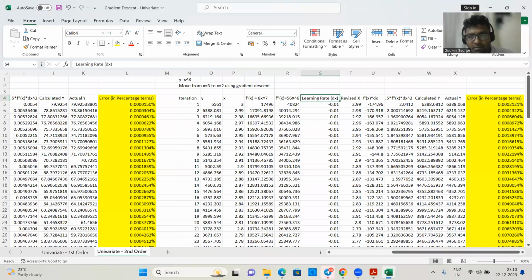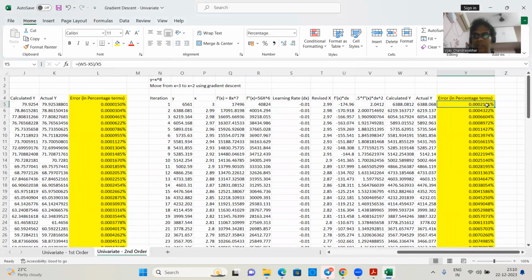So when should we go with this second order? It's a brilliant question. It's safe to do both, right? But just think about it this way. Take this case, y equal to x to the power of 8.